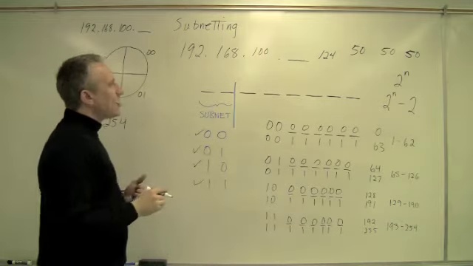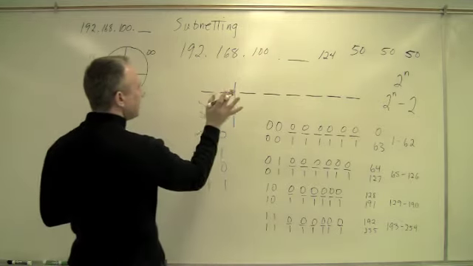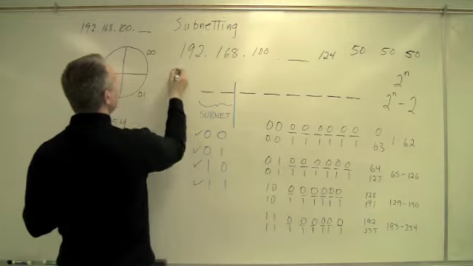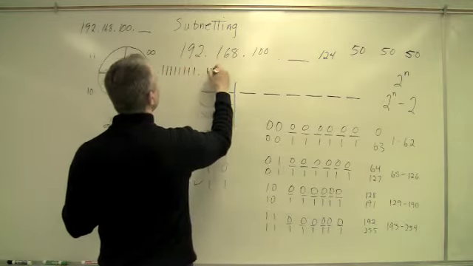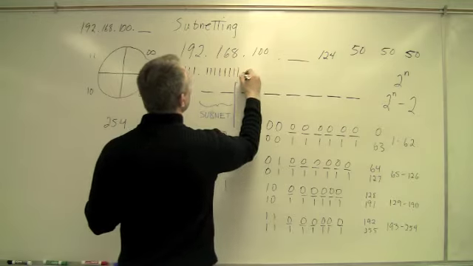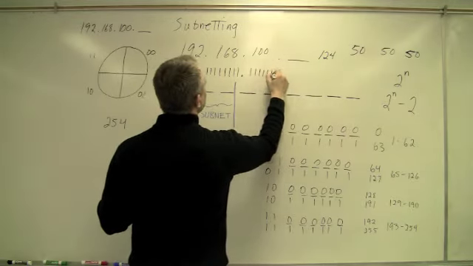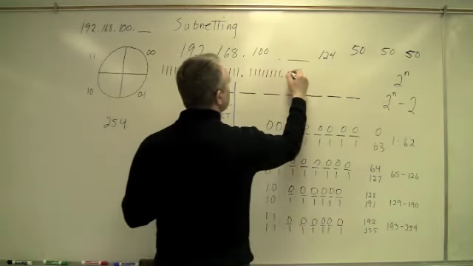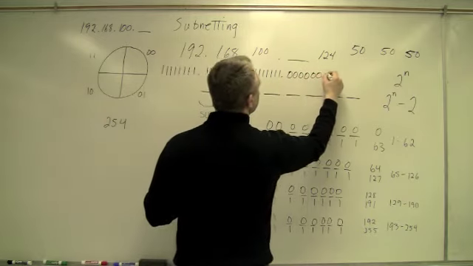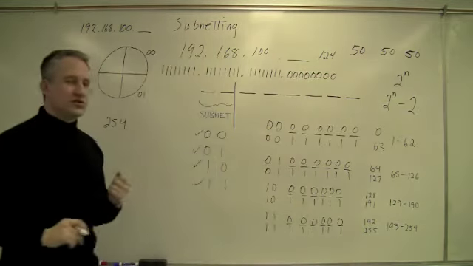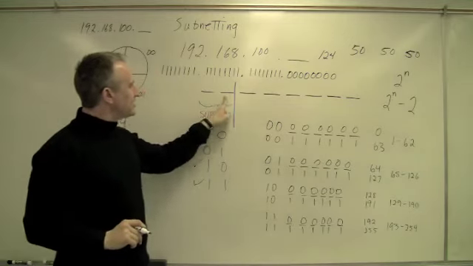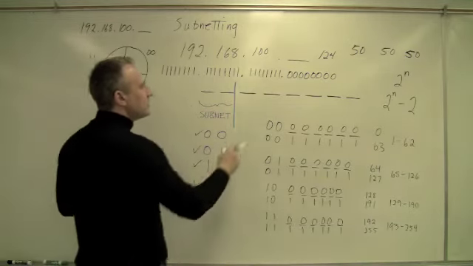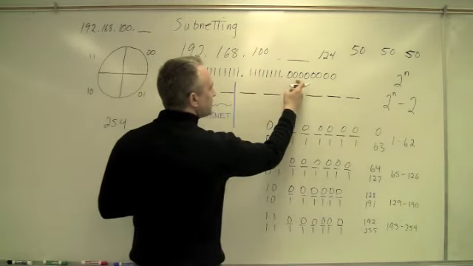What we have now, if I write that out in binary, we can see what we've done. So there's our original subnetwork mask. As soon as we did this, what we did was we moved this over to here.